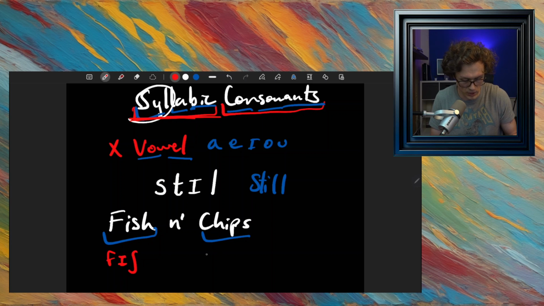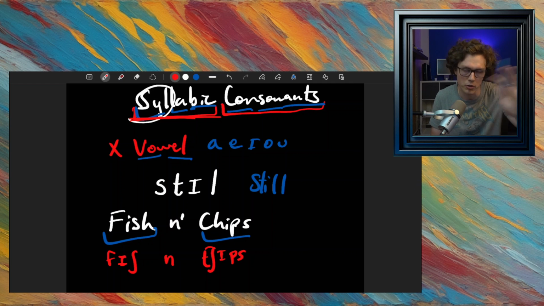Chips has ch, which is a sort of combination sound, I, ps, chips, right? Fish, chips. But what is this n doing? Because there's actually not an uh. It's not fish un chips or fish in chips, although you can say fish in chips. But what is often said is fish and chips. Fish and chips.